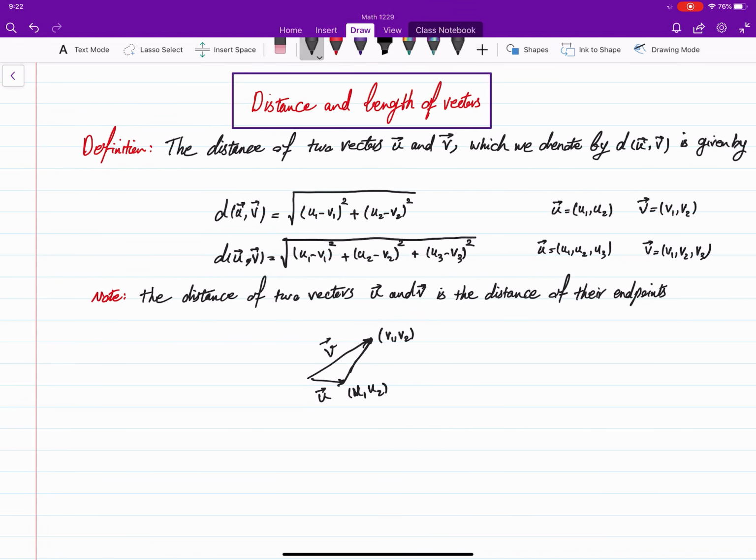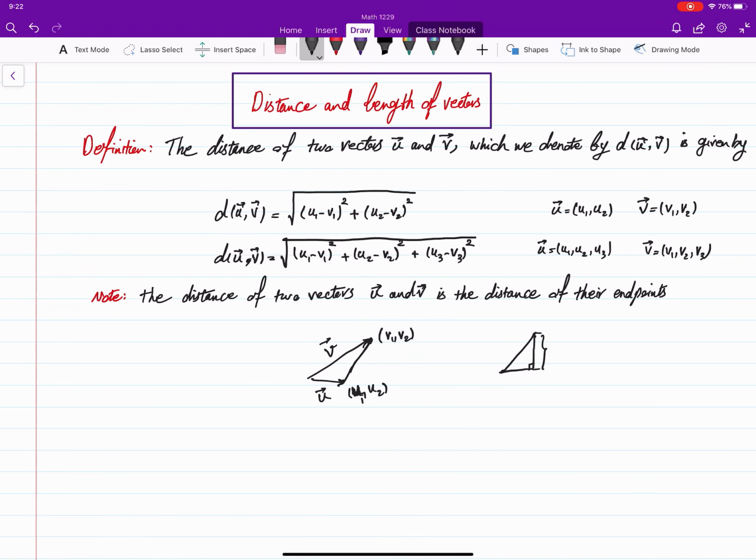Remember, the coordinates of the endpoint are the same as the components of the vector. So here basically we have two points, and we want to find the distance. Well, what do we do? We form a right triangle.